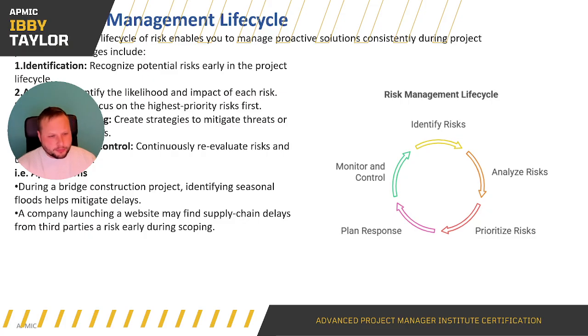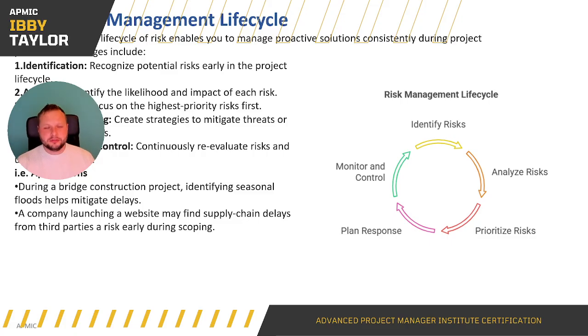During a bridge construction project, identifying seasonal floods helps mitigate delays. A company launching a website may find supply chain delays from third parties a risk early during scoping. So again, just some examples of potential risks that might exist, to give you an idea of things you might be looking for.